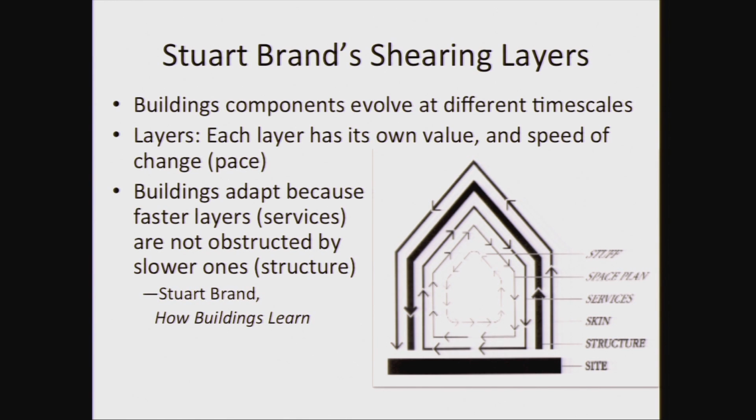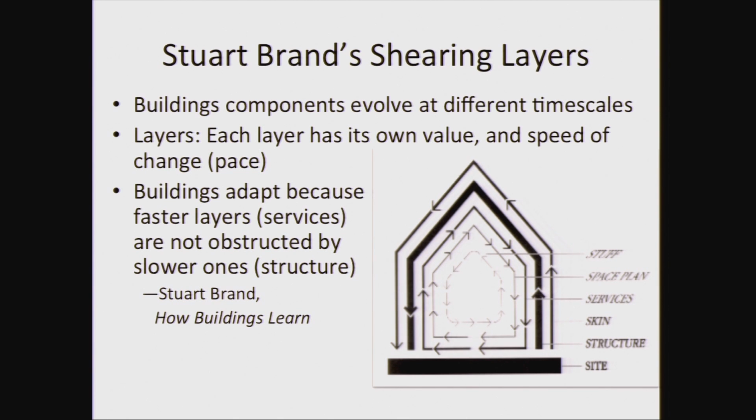So there's the site, which shouldn't change very much unless you're in the liquid land of San Francisco. The structure, the skin, which is the bricks on the wall, a service layer in between that and the space on the inside, and then the space plan, and then the stuff within it.